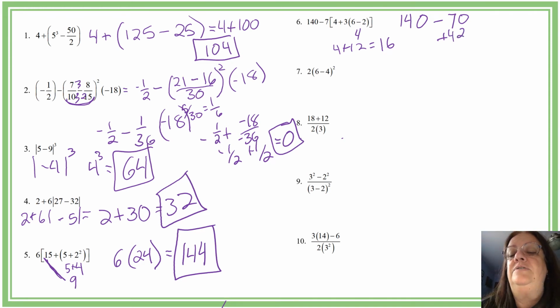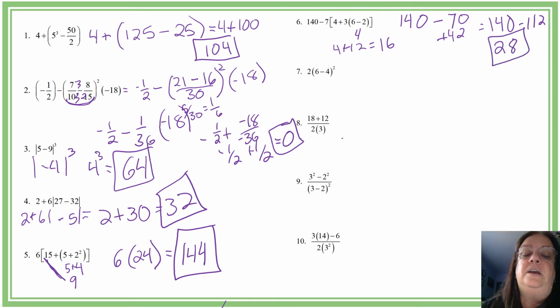So I have 140 minus 70 plus 42 is 112. So it's 140 minus 112. Well, that's going to be 40 minus 12, 30, 28.